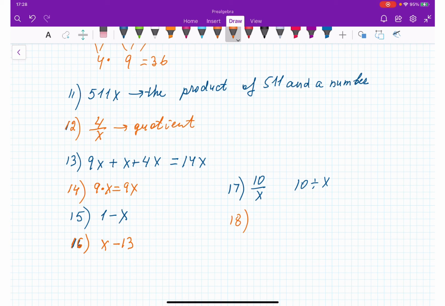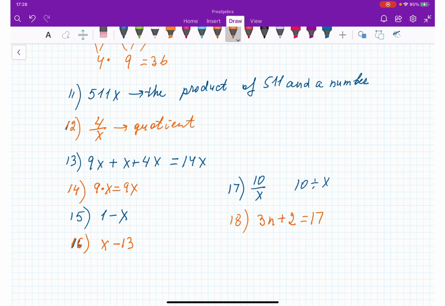The sum of n multiplied by 3 and 2. So the sum of n multiplied by 3, and 2. So 3n plus 2. And all that, it says, equals 17. All right.